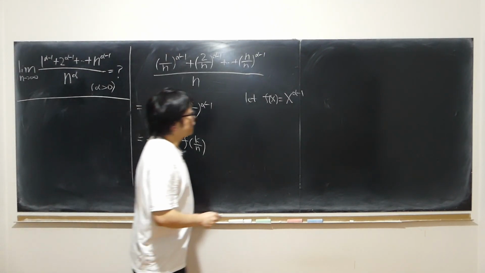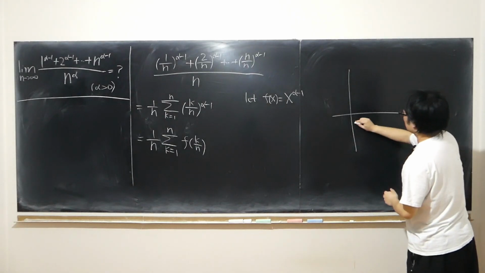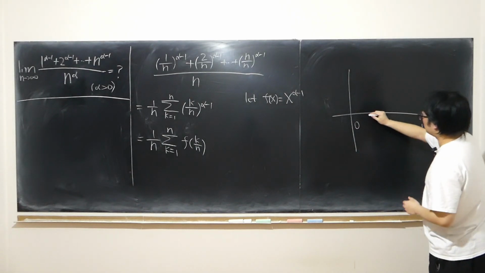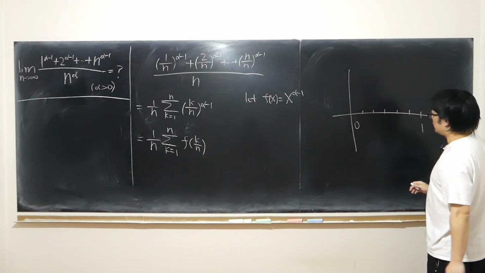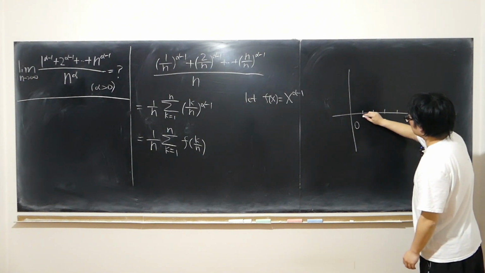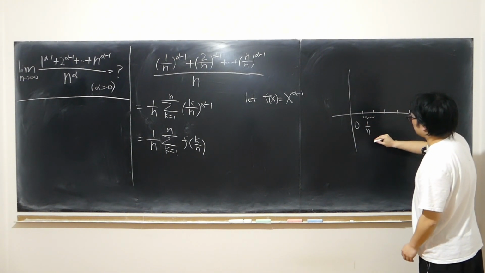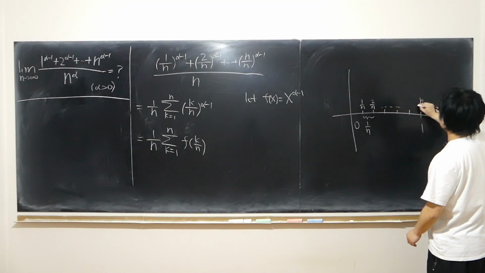So here we just look at the definition of Riemann sum. On 0 to 1, if I partition this closed interval into n even parts, each interval's width is 1 over n: 1 over n, 2 over n, all the way to n over n.